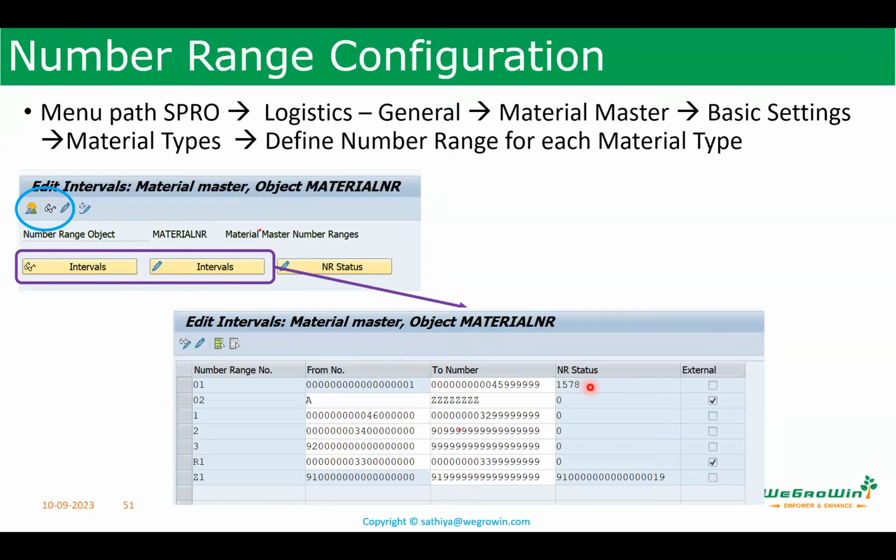When I create the next material, the system will create number 1579. You will not be able to give the number if you are not clicking external. But if you select external, then you can assign the number yourself. So both ways are possible for material: you can give the number or the system can give it.